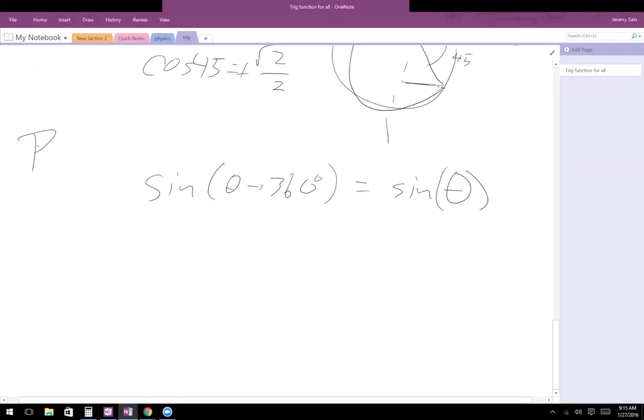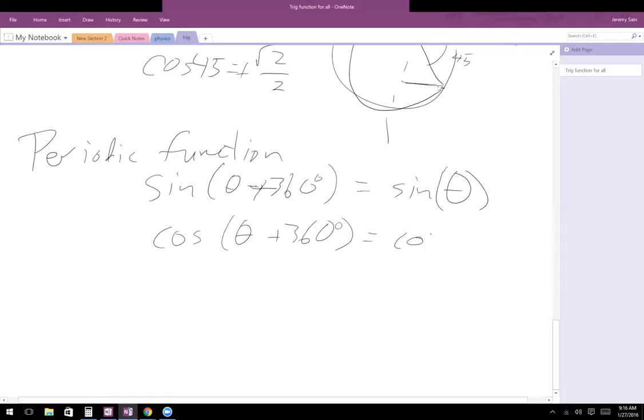So this is called a periodic function. If you add a number in, you still get the same function again. So if you add 360, it's the same. Naturally, if you add 360 twice, so if you add 720, it'd be the same. If you add 1080, it'd be the same. Same thing with cosine. So cosine theta plus 360 is cosine theta.